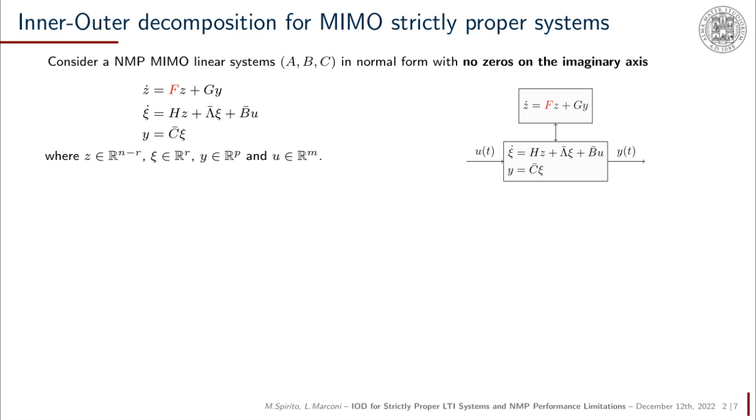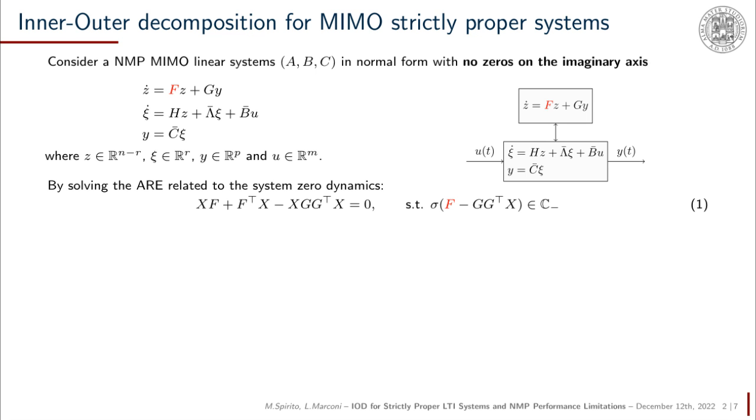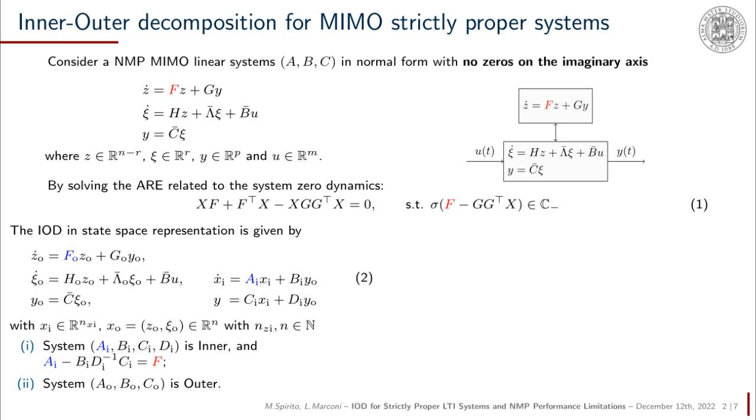In order to deal with the inner-outer decomposition for strictly proper systems, we consider its state space representation in normal form, where we assume there are no zero dynamics on the imaginary axis. In order to compute the inner-outer decomposition, all we have to do is solve an algebraic Riccati equation, looking for the stabilizing solution X, such that the spectrum of F minus GG transpose X is in the left half plane.